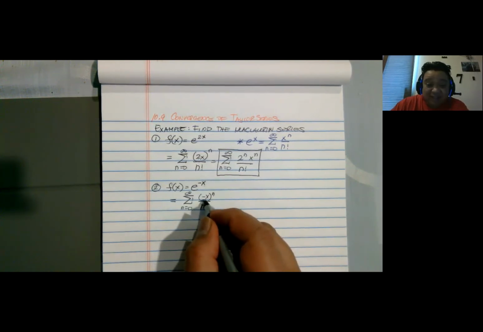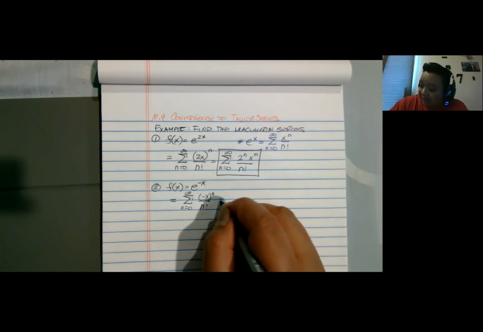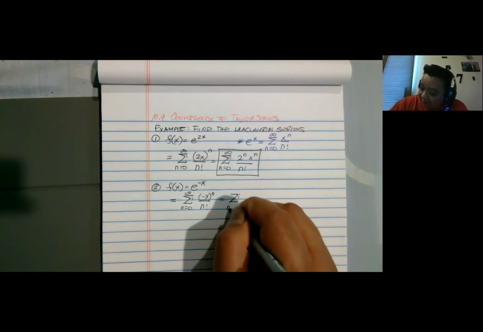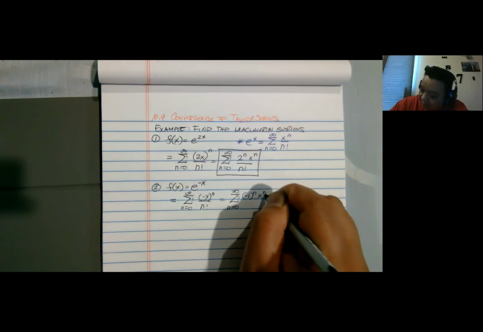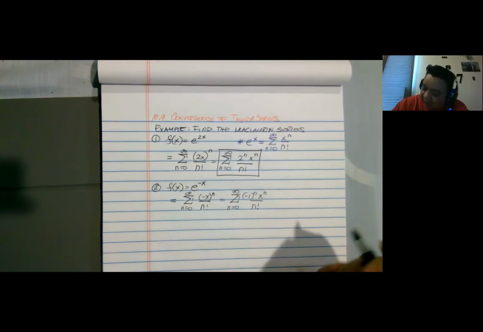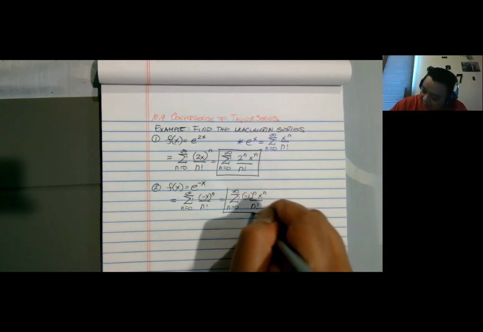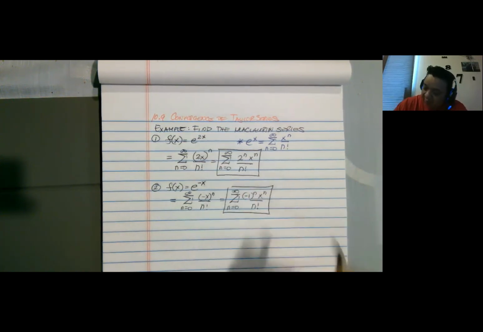Well, just split the negative from the x. And so what you have is n equals 0 to infinity, negative 1 to the n, x to the n over n factorial. And there is your power series. Questions on that? Any questions on it?